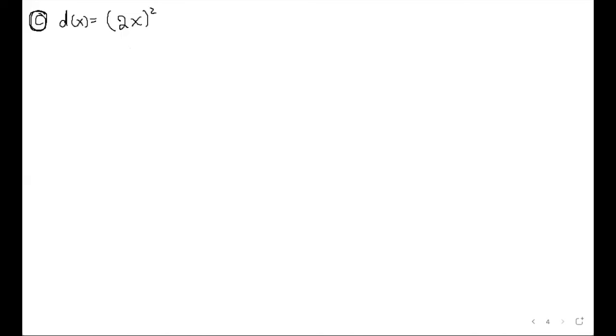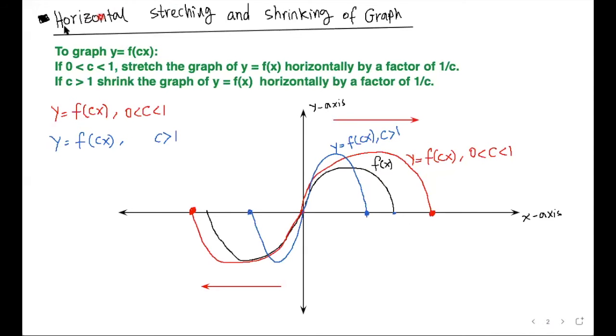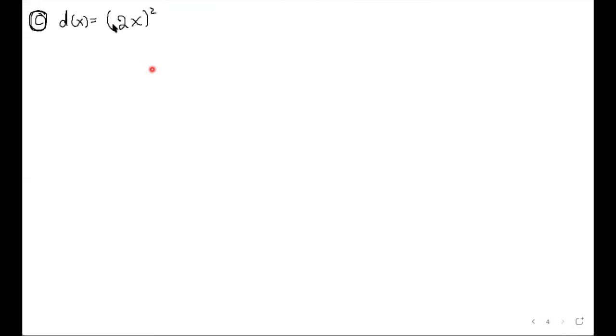So the 2 here, is it inside the function or outside the function? Inside. So the number is inside the function, which means horizontally.